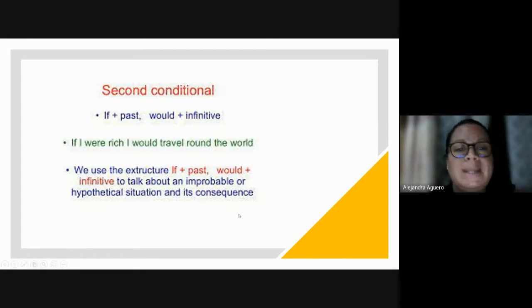Conditional number 2 is in past. We use the past tense for talking about suppositions, but the result is in the present. We use past, and in the result, we use would in the simple form. For example, if I were rich, I would travel around the world. We use the structure if in past, comma, would plus simple form or infinitive.